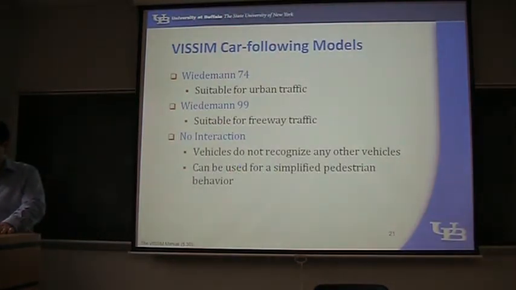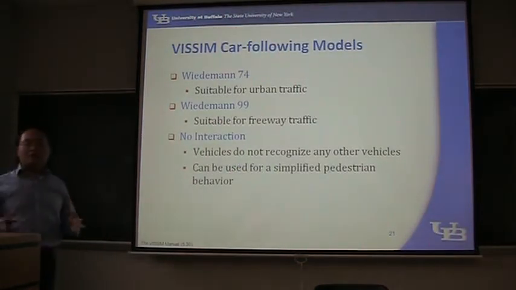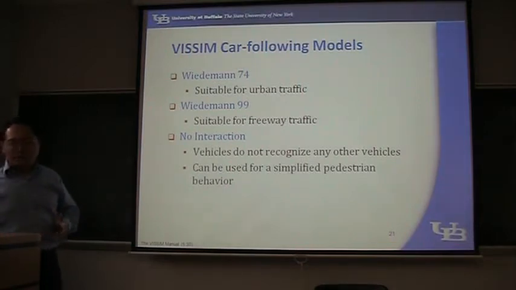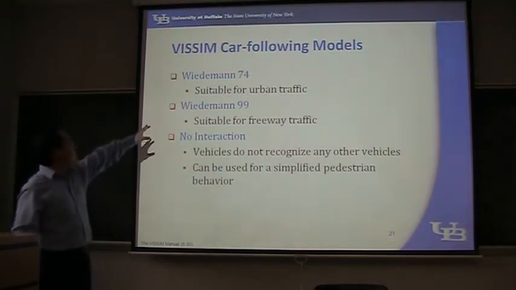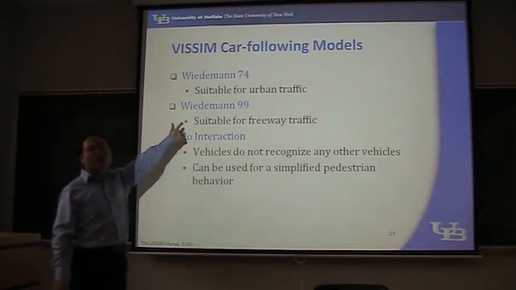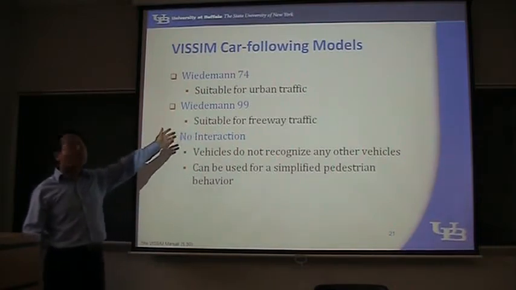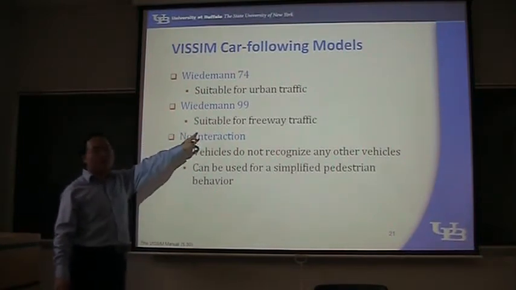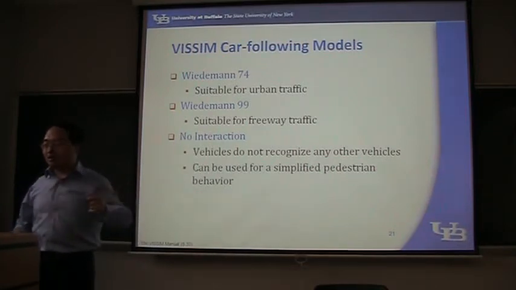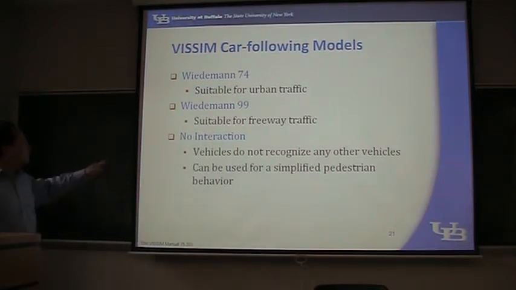If not, that's okay. In this software, we have two car following models to choose from. The first one is called Wiedemann 74, based on his paper in 1974. Another one is Wiedemann 99, from a 1999 paper. The third one is called no interaction.